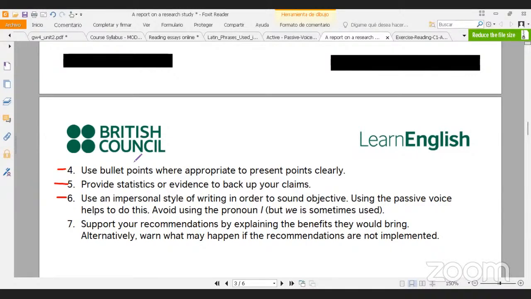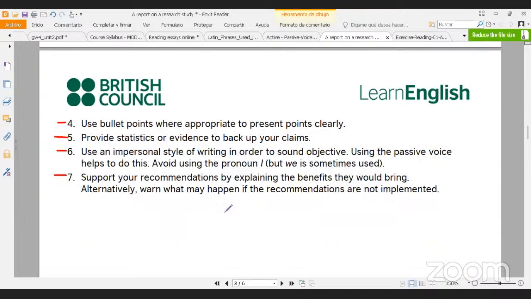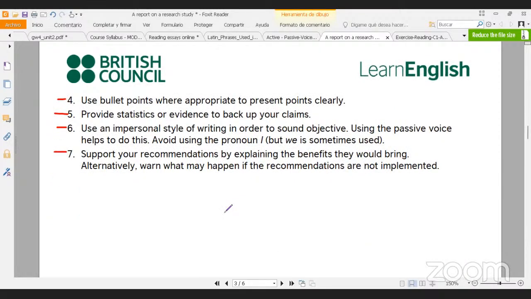Avoid using the pronoun I, but we is sometimes used. Writer? Support your recommendations by explaining the benefits they would bring. Alternatively, warn what may happen if the recommendations are not implemented.